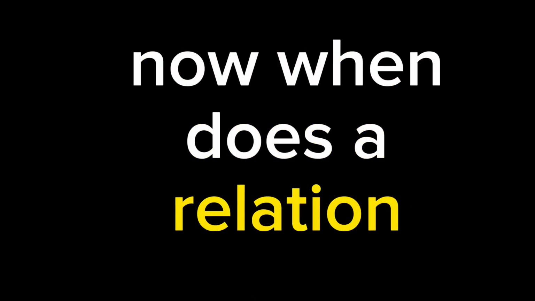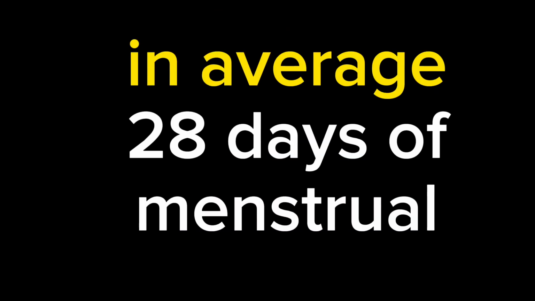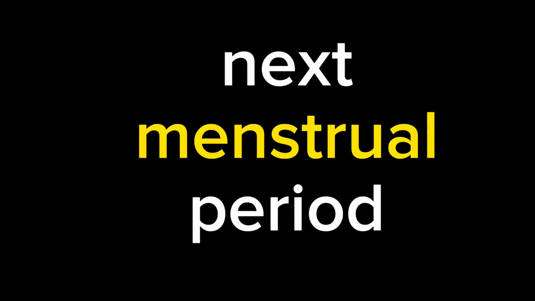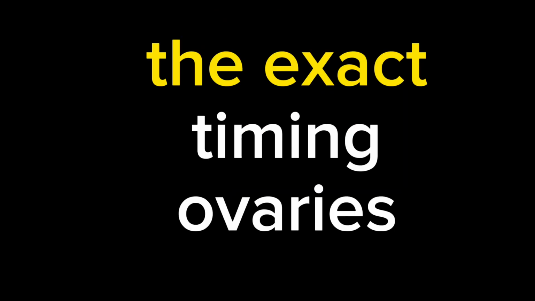Now, when does ovulation occur? In an average 28-day menstrual cycle, ovulation occurs about 14 days before the beginning of your next menstrual period. The exact timing varies. Your cycle length may be longer or shorter.